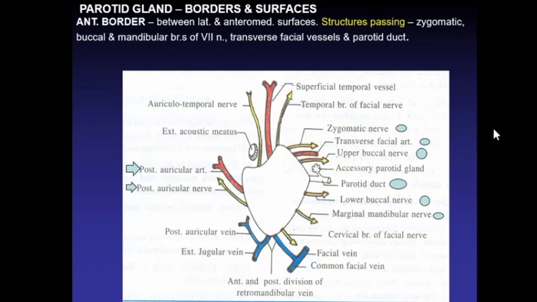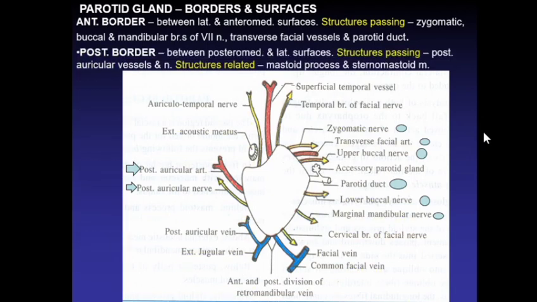The posterior border, towards the right side, lies between the posteromedial and lateral surfaces. Structures passing are the posterior auricular vessels and nerve. It is related to the mastoid process and sternomastoid muscle.